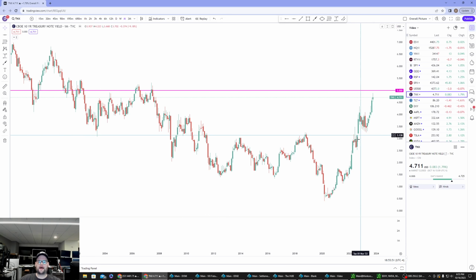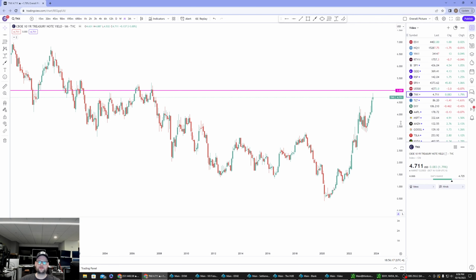So the higher yields go, the more bearish it is for the market, in plain English. To get an idea of a solid headwind on the market, if TNX crosses that 5 area, chances are the market is going to continue dropping to the downside. So definitely keep an eye on that.